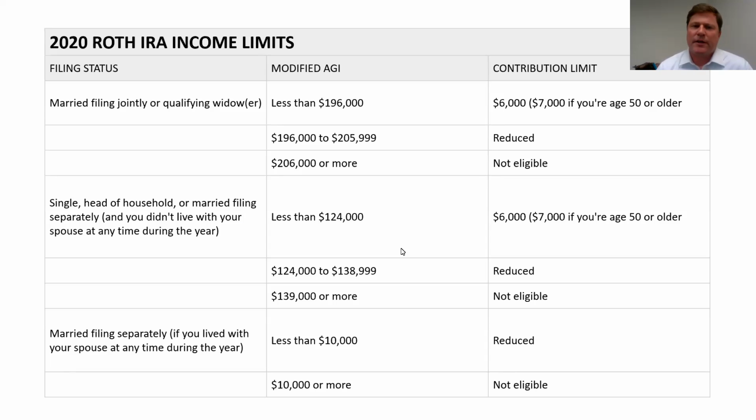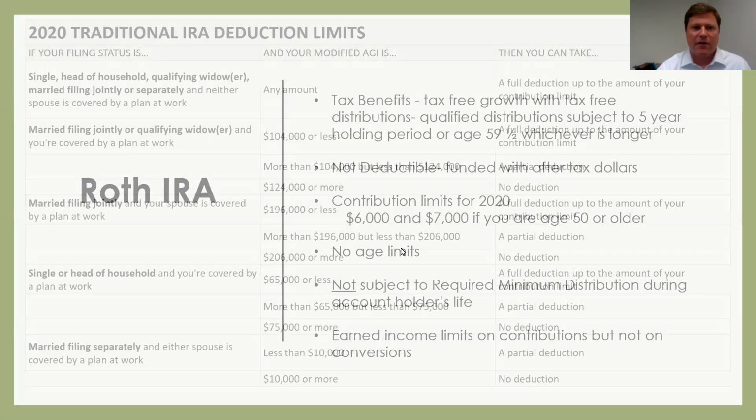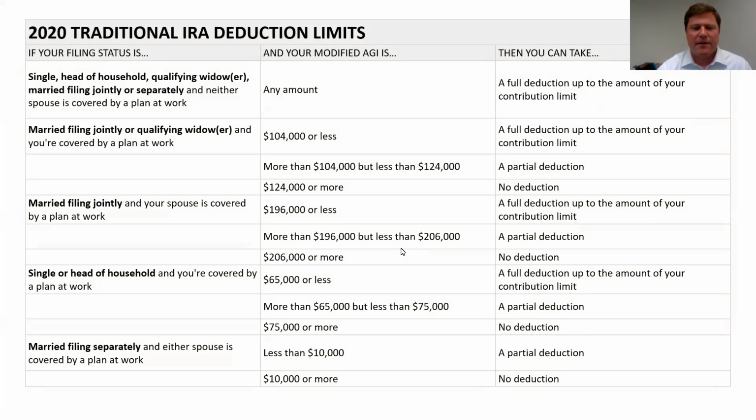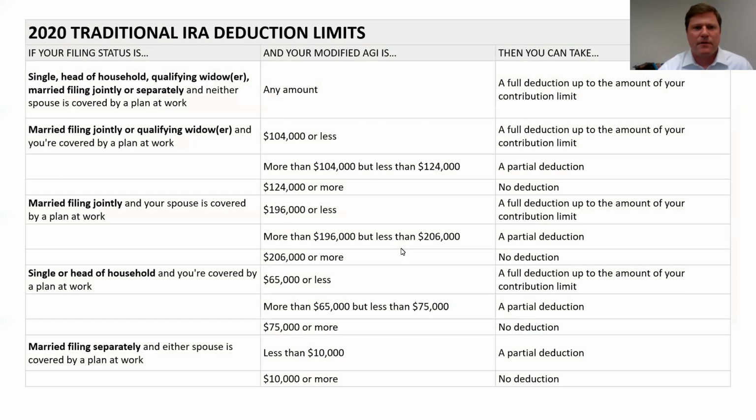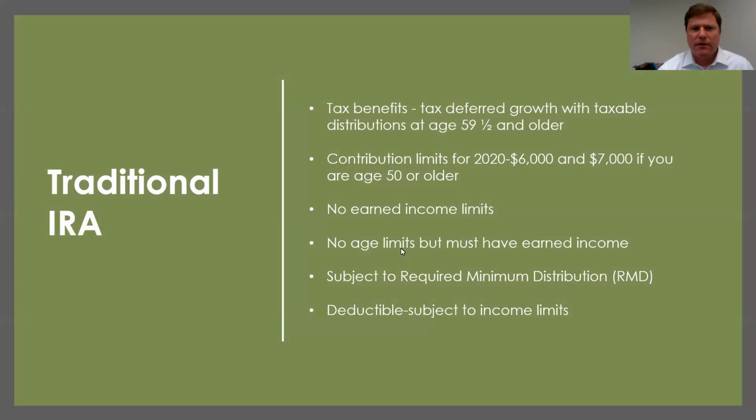So if you're making less than $196,000 and you're married, filing jointly, you can fully fund the Roth IRA. Now, it gets a little complicated, but if we go back to the traditional IRA, that's where the deduction limit applies. But for the traditional IRA, there's no income limit on contributing, so you can contribute, still $6,000 or $7,000, and then you can convert it.